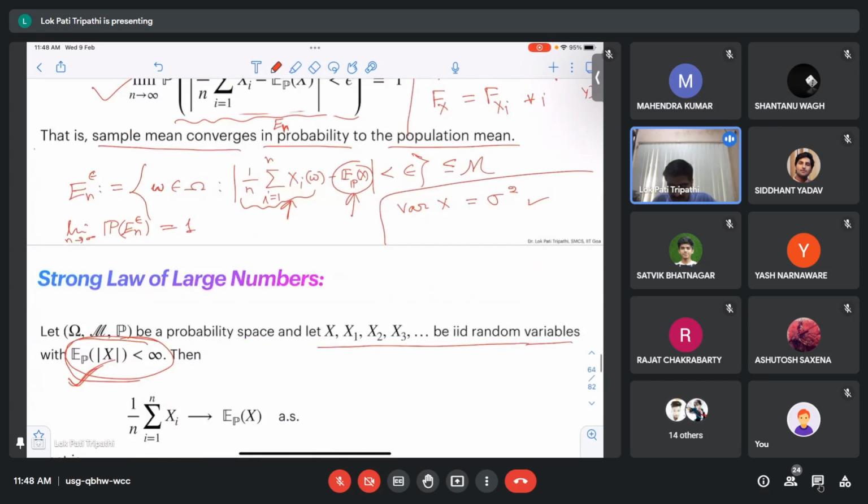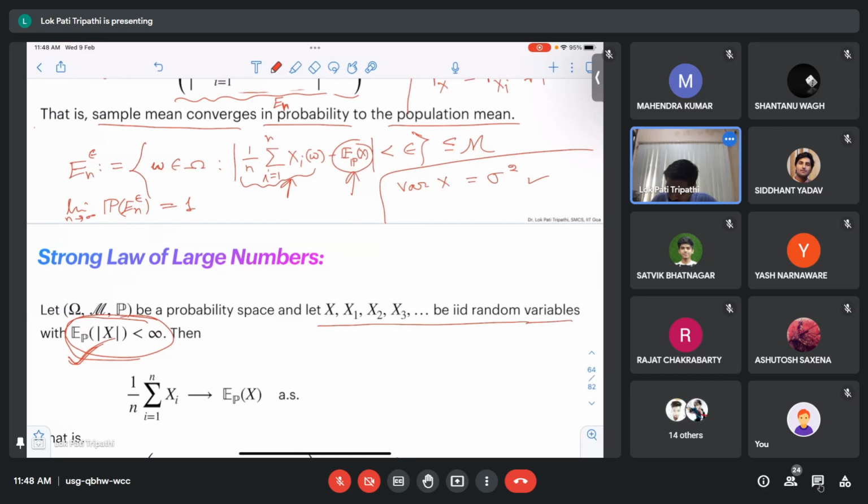In case of strong law of large numbers, we will impose a little stronger condition: the expectation of this is finite.